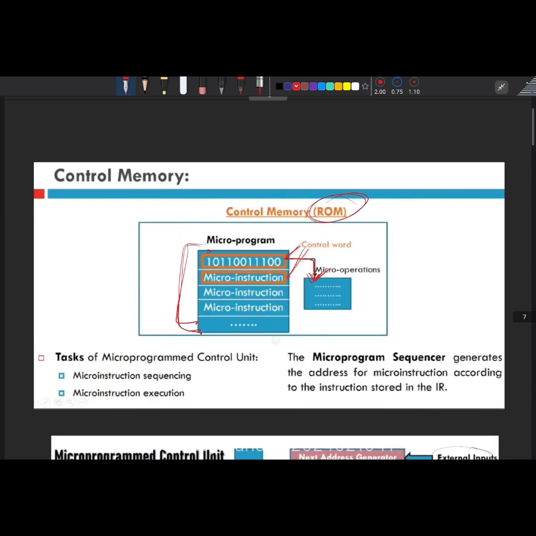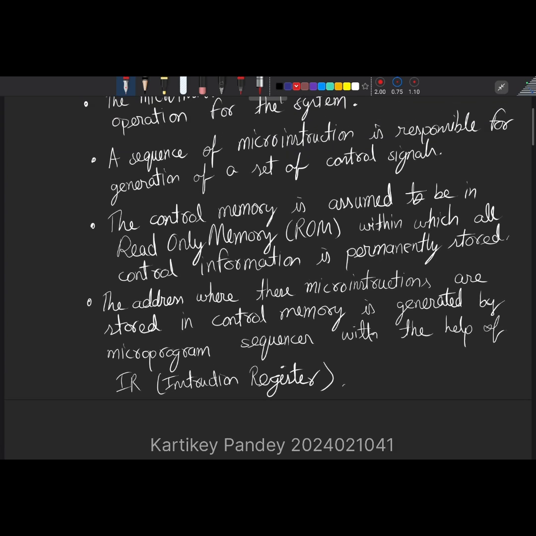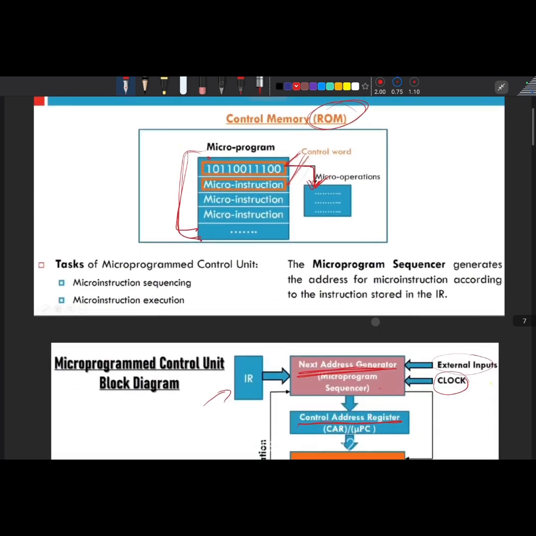The main tasks of the microprogram control unit are microinstruction sequencing and microinstruction execution. The microprogram sequencer generates the address of the microinstruction according to the instruction stored in the instruction register, which was fetched from the memory. And these control words point towards the micro operations, and those micro operations are responsible for various control signals.